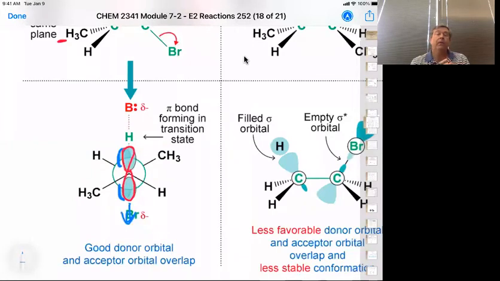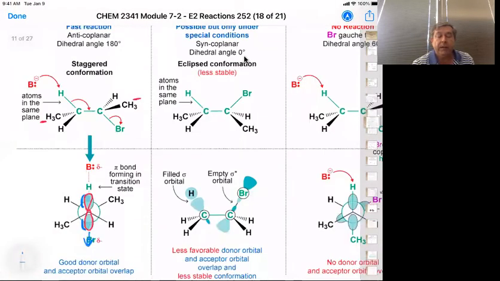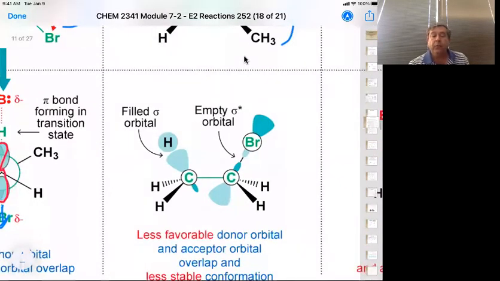Okay. What if you have it a different way? Let's instead rotate this around by 180 degrees. So we've rotated this 180 degrees so that now the hydrogen and the bromine are overlapping. So if the hydrogen and bromine are overlapping, when we try to form this right here, this is the part of the p that's starting to form, and this is the other part of the p that's starting to form.